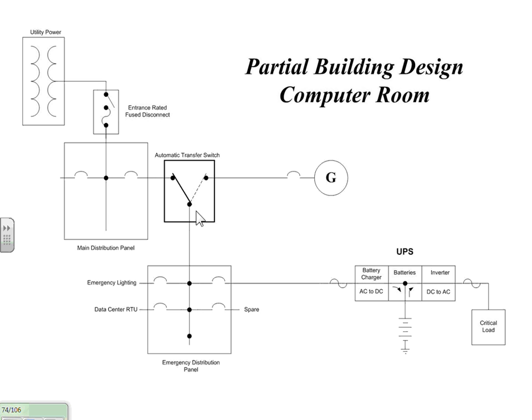Generator supplying load through the emergency distribution panel, through the UPS to the critical load. This wave never went away because generator started and transferred within 10 seconds. Charger was only down for 10 seconds, and hopefully our batteries lasted more than 10 seconds. Questions? Important concept. You guys are going to be facing this, designing this a little later.